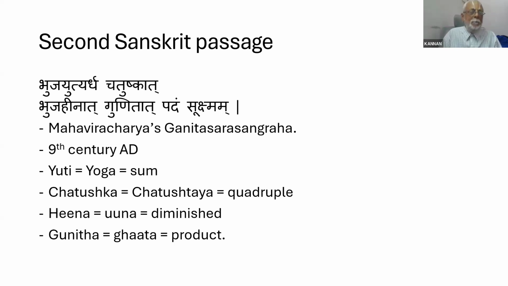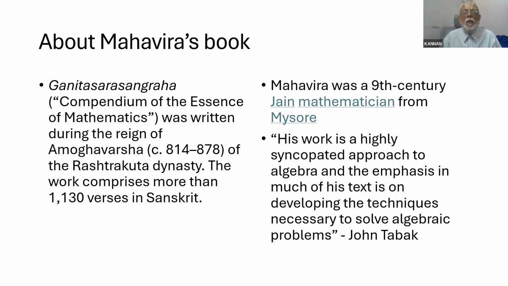Both mean the product, the number got by multiplying. The other words like padam, sutram, etc., are the same words. That is, making very limited modifications, almost the same verse is given by Mahaviracharya also.